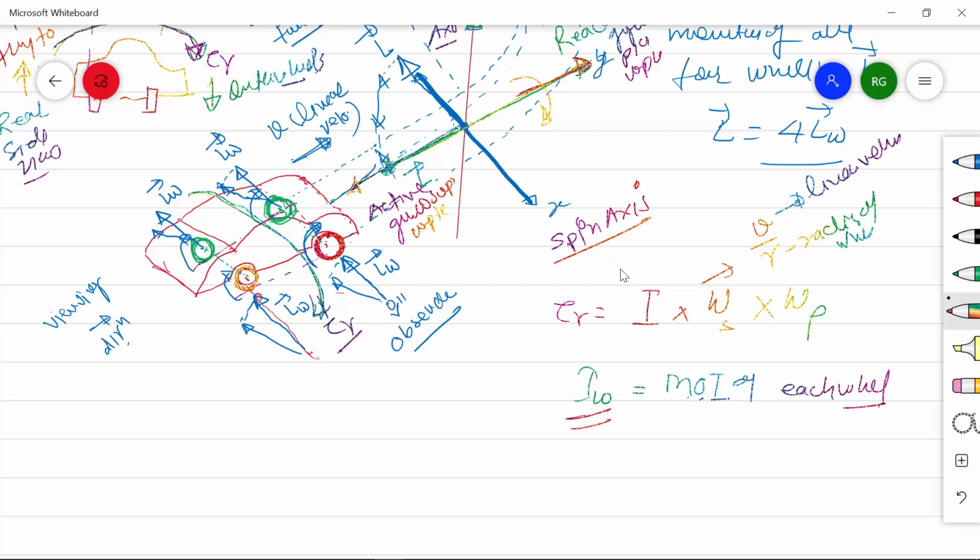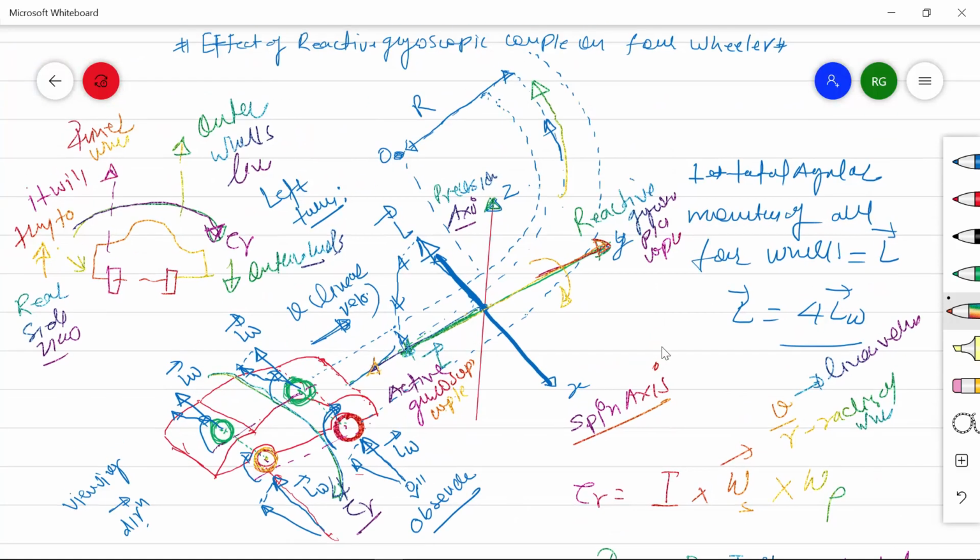And omega p can be found using the radius of curvature. This is the mean radius of curvature of track, capital R, and linear velocity is v. So omega p is the precession velocity, and omega p can be written as v over capital R, where capital R is the mean radius of track.